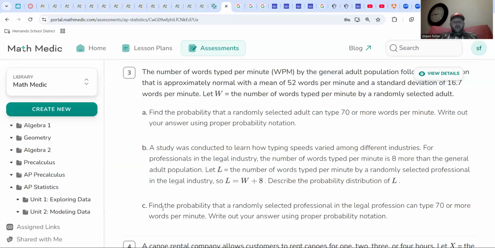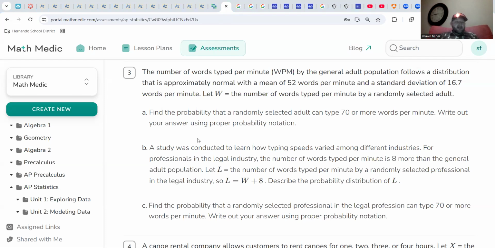All right. Find the probability that now somebody with a new mean, same standard deviation, types 70. We'll do the exact same thing, except instead of my mean being 52, now it's going to be 60.